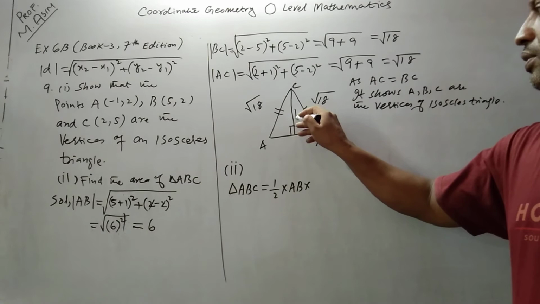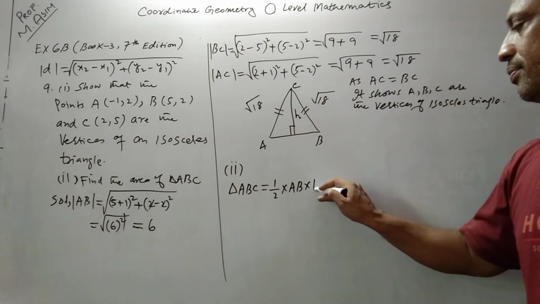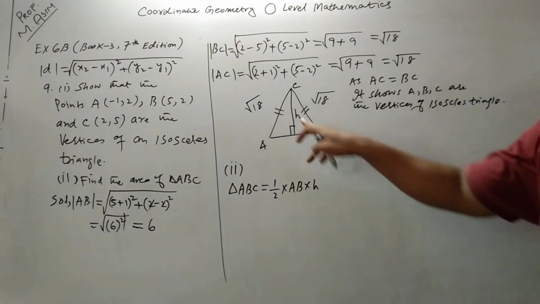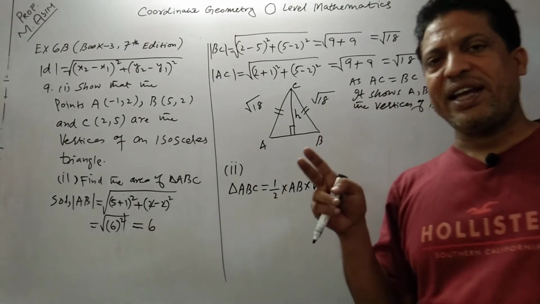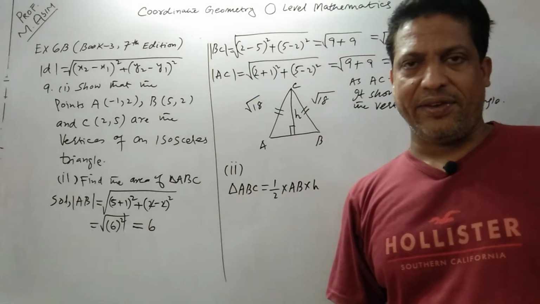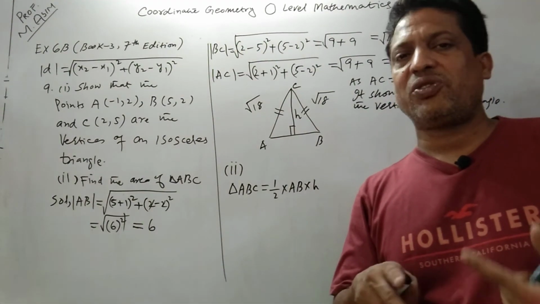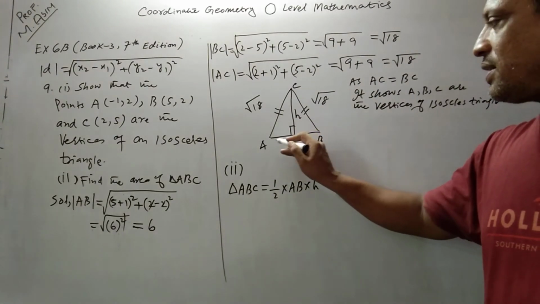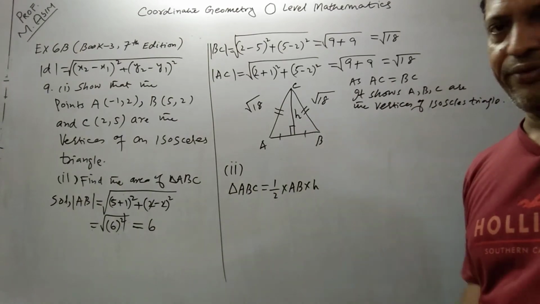Assign the name H, but the height is not given. So we must find the height first. This is an isosceles triangle. What is an isosceles triangle? A triangle which has two sides equal. So the property of an isosceles triangle, if we drop the perpendicular, this line or this length must be half.